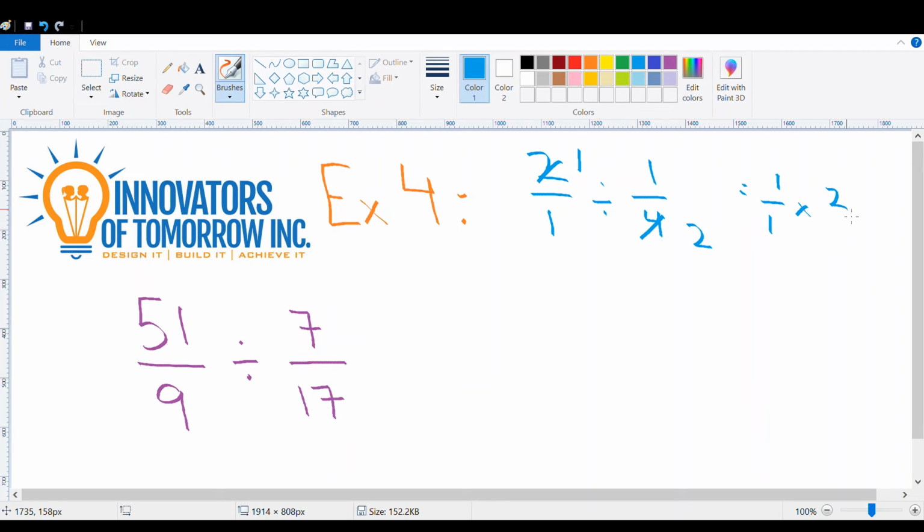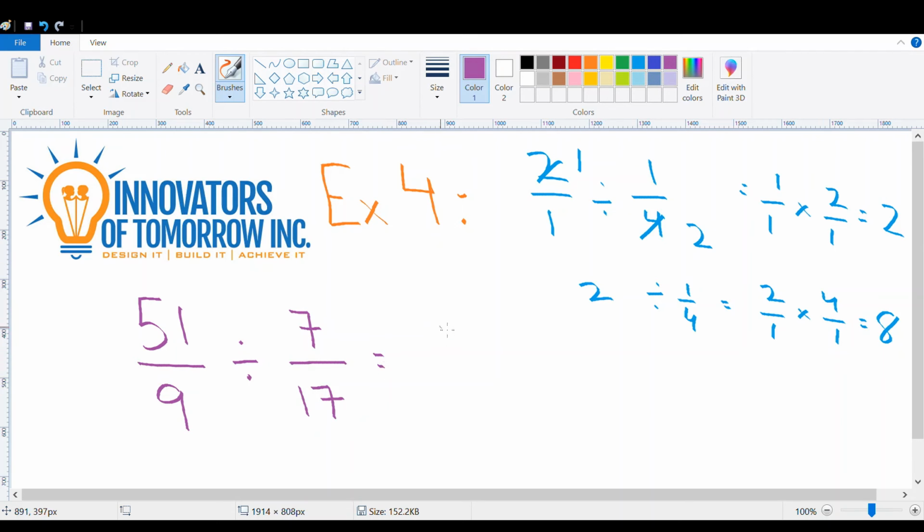That would give us 1 over 1 times 2 over 1, which equals 2. But 2 divided by 1 over 4 doesn't give us 2. It actually gives us 8. So we always want to reduce after we transform the expression into a multiplication expression.